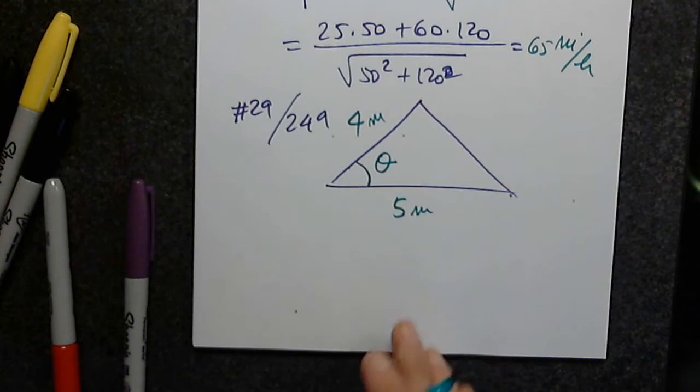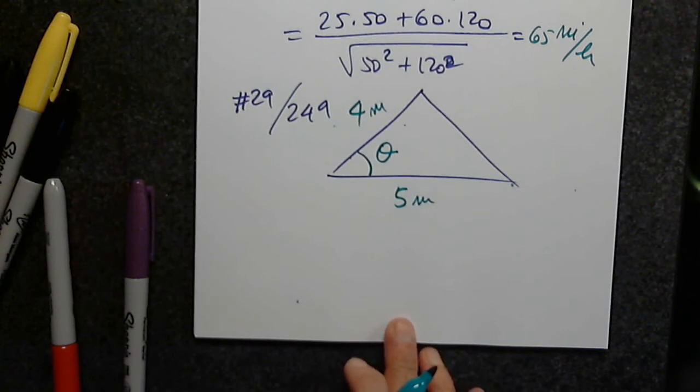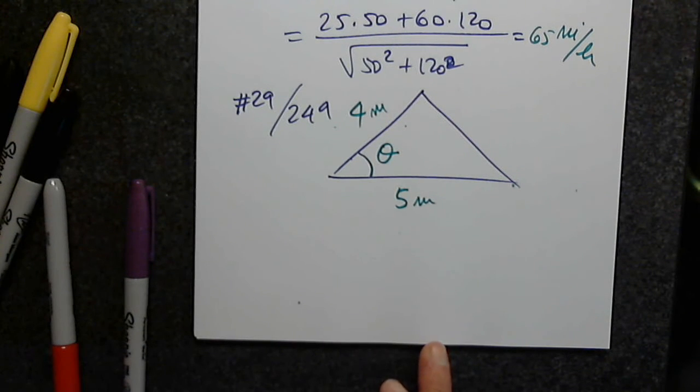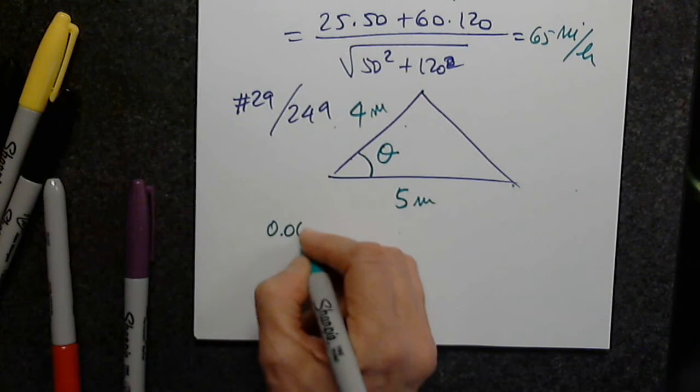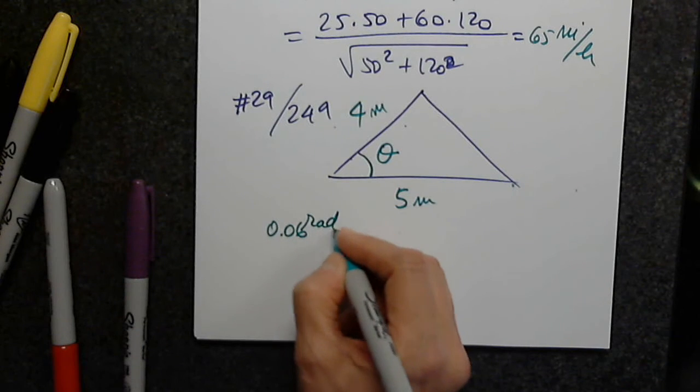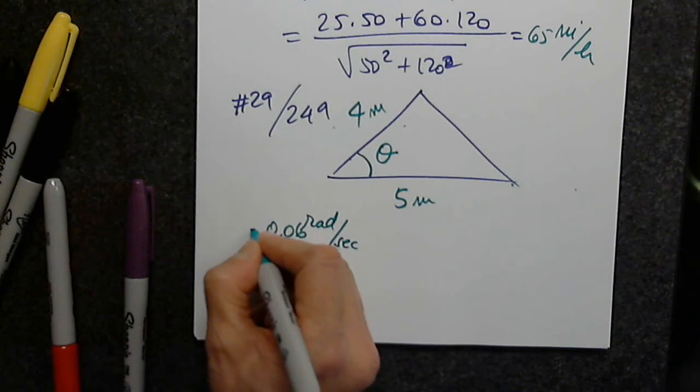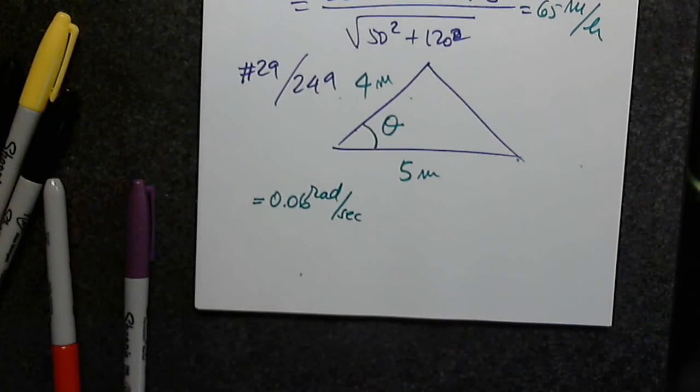Let's call this theta. If we're told that the angle is increasing at a rate of 0.06 radians per second, what does this represent? We did not do this on the first problem because I wanted to give you the idea, but from this point moving forward, we will always have to identify each and every item we are given. d theta over dt. Thank you.